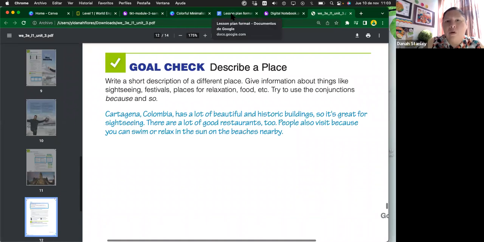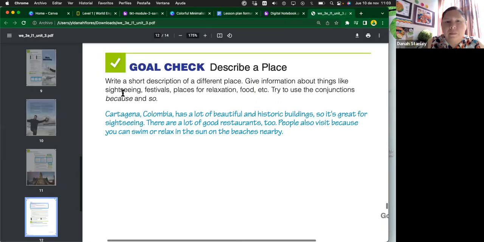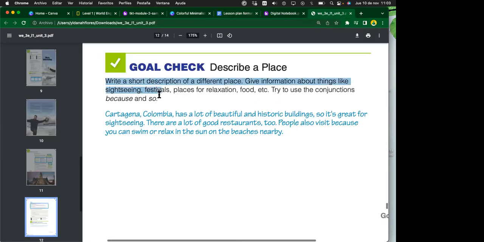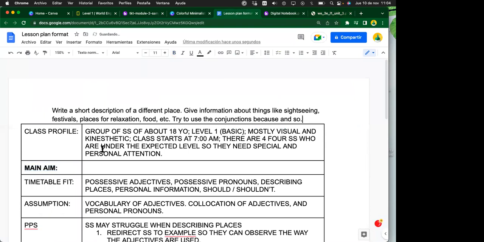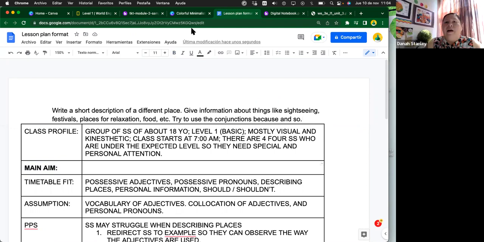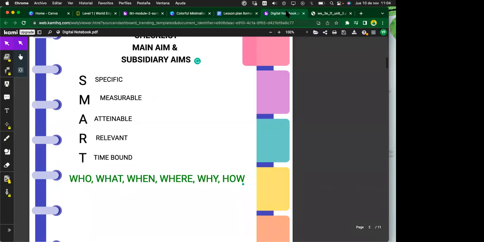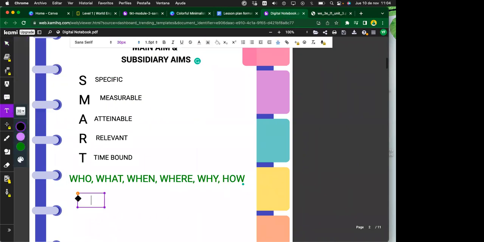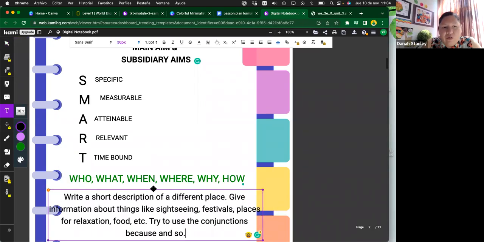Entonces, how I'm going to write my main aim? Could be students will be able to describe places, well, using because and so, using these conjunctions. A ver, les voy a poner aquí la instrucción, ¿ok?